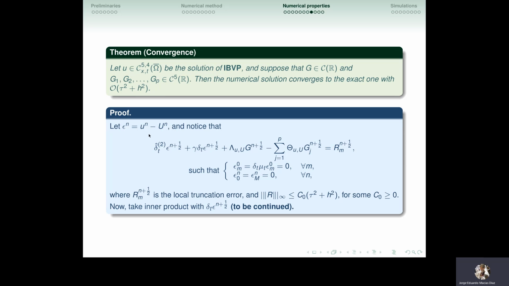Now about the proof, we let epsilon be the difference between the exact solution and the numerical solution. We establish firstly that this difference satisfies this discrete model, where R is actually the local truncation error, which, by the way, according to consistency, satisfies this property for some constant C0, which is independent of tau.